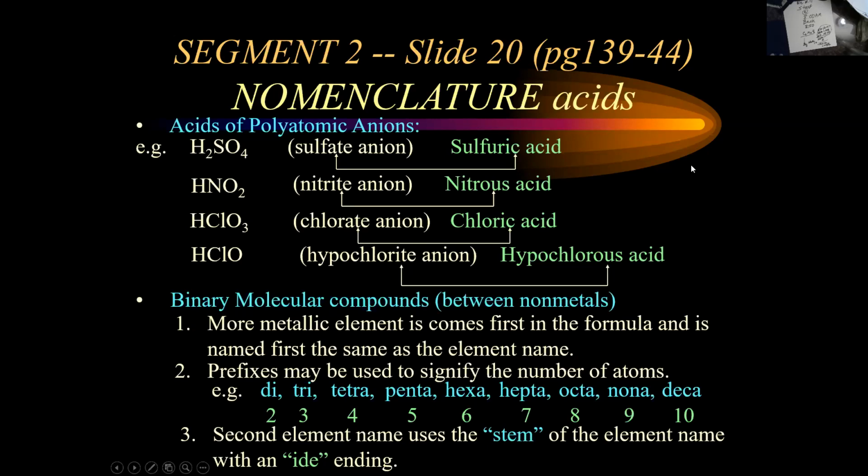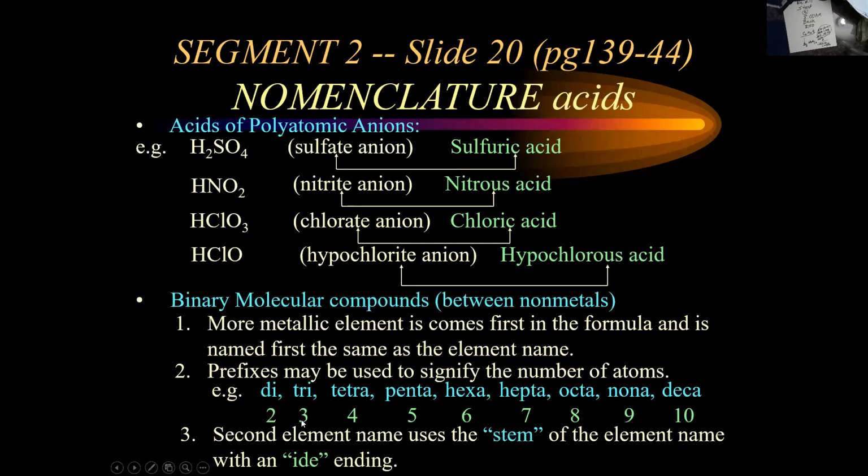So you can have carbon monoxide or carbon dioxide, or nitrogen trichloride could be a compound, or dinitrogen or diphosphorus pentachloride, a stinky, awful, nasty compound that you sometimes have to use in organic chemistry.